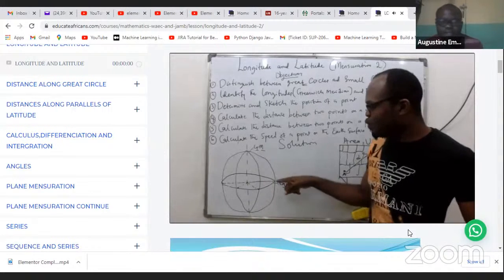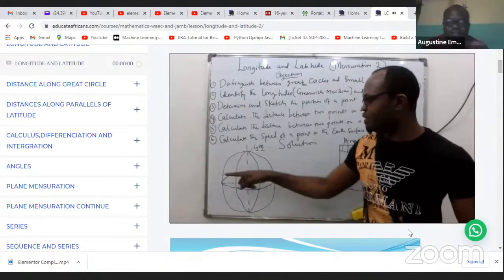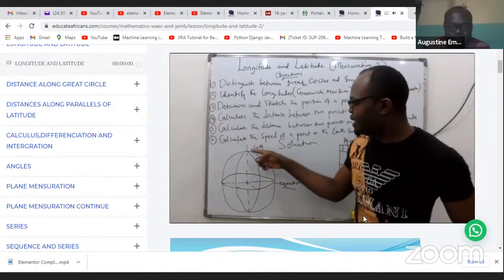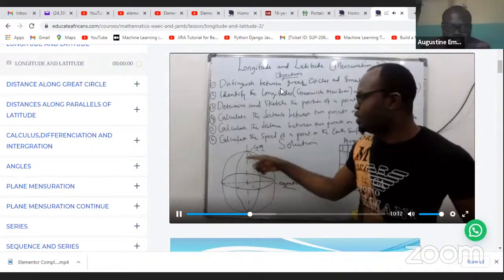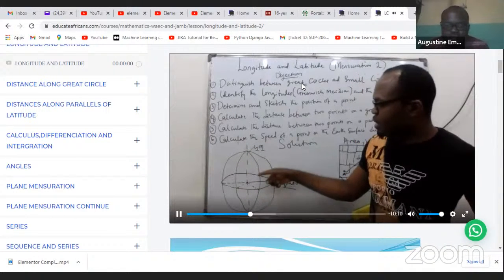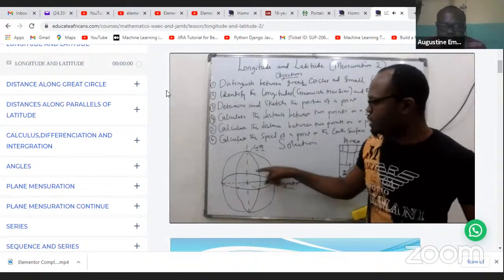So we're talking about the two major reference points, the Equator and the Greenwich Meridian. This is the Equator and this is the Greenwich Meridian. And they are great circles, vis-a-vis the other latitudes, which are small circles.